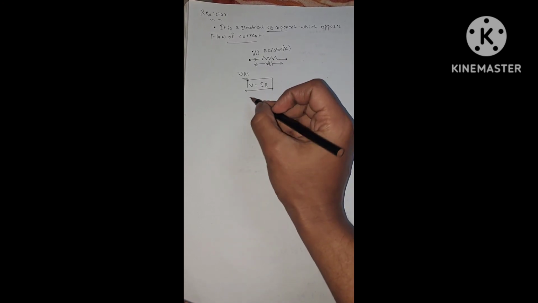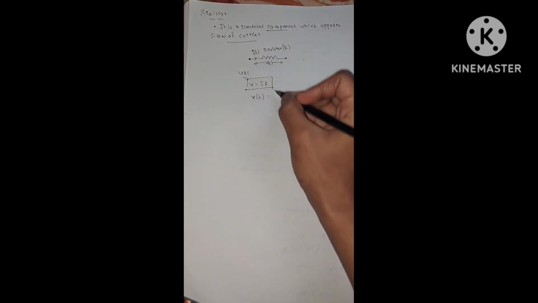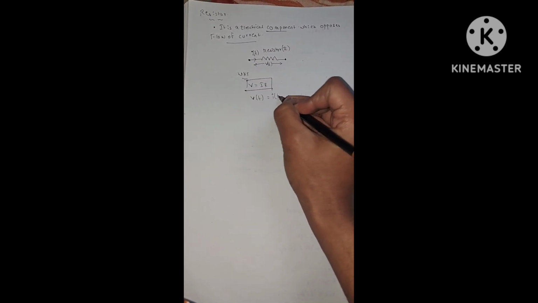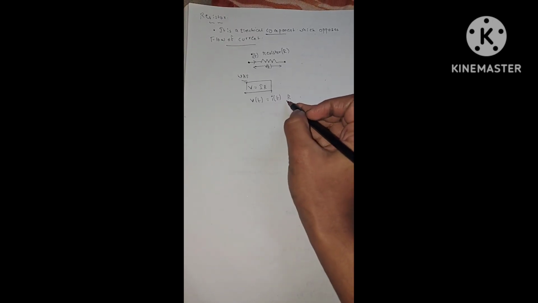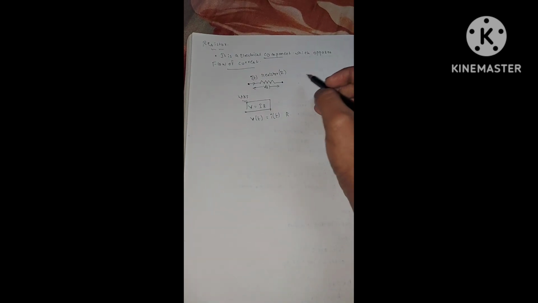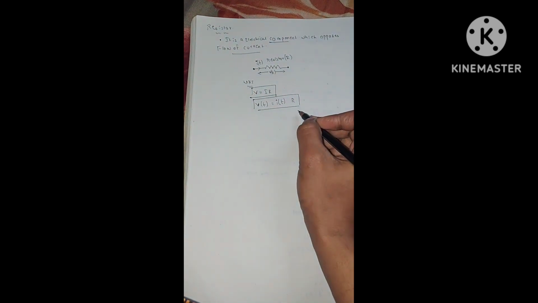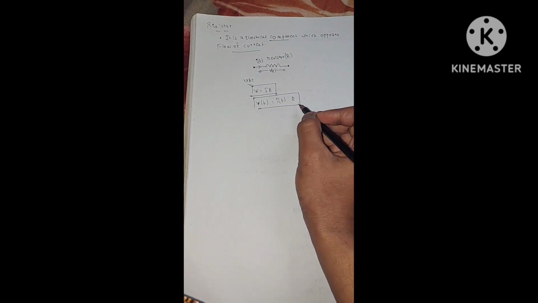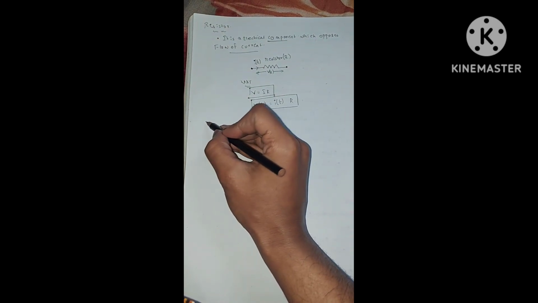V is given here as V of t, I is given as I of t, then finally your R. So we found the equation of voltage for a resistor, that is V of t is equal to I of t into R.